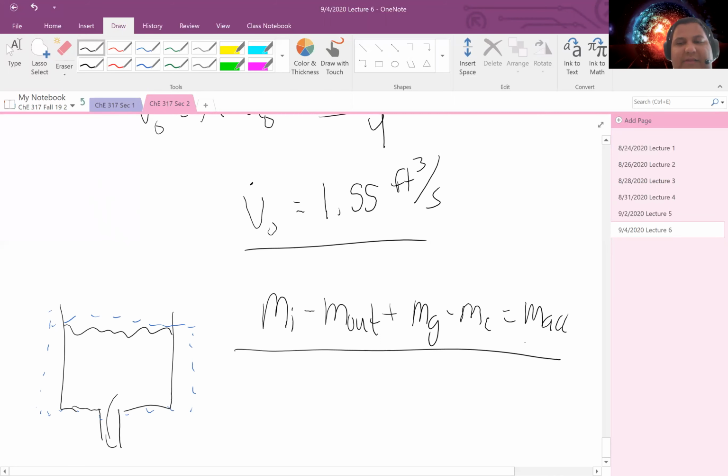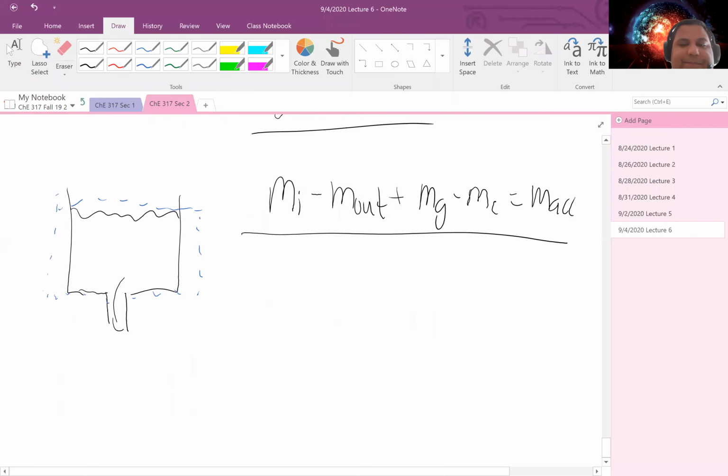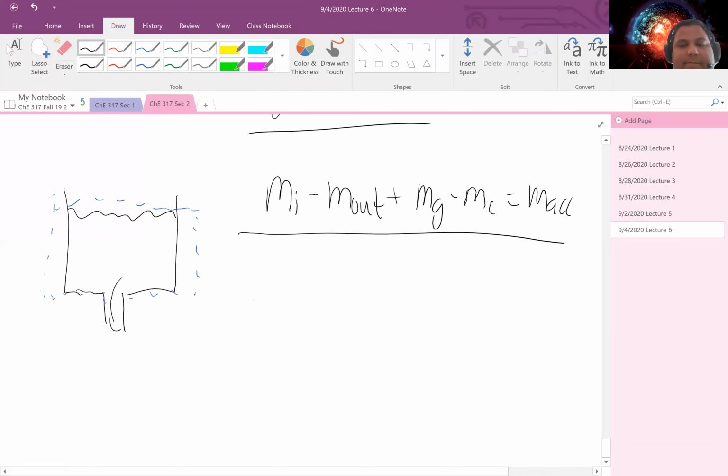Going back to the basics, identify which terms we neglect, and how we can define each term that we cannot neglect. Think about that for the weekend, and then we can regroup on Monday, develop the differential, and integrate to solve. All right.